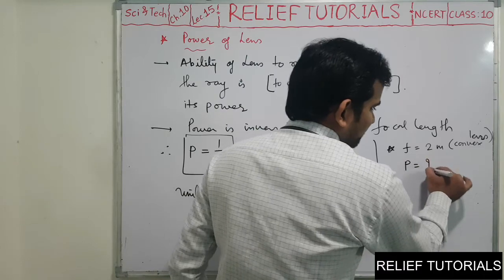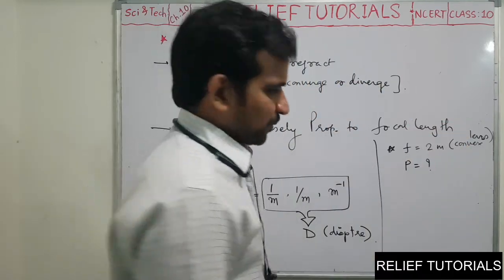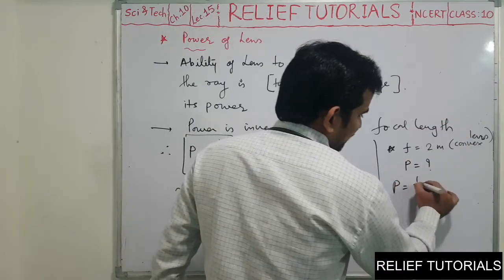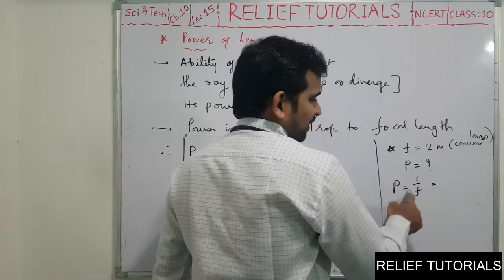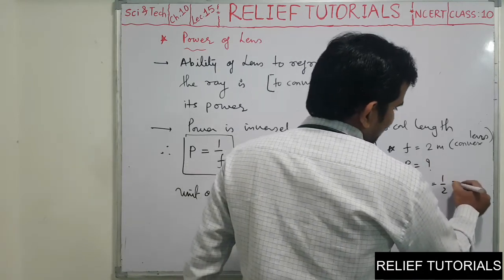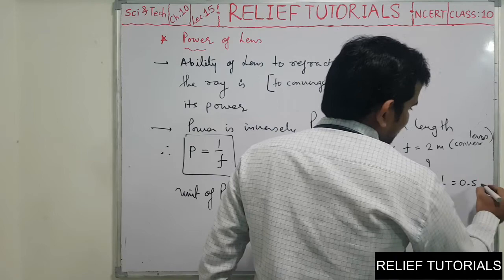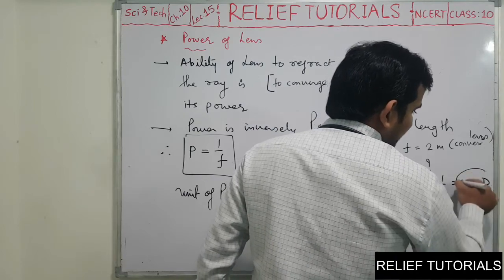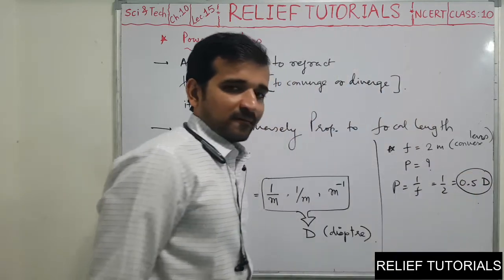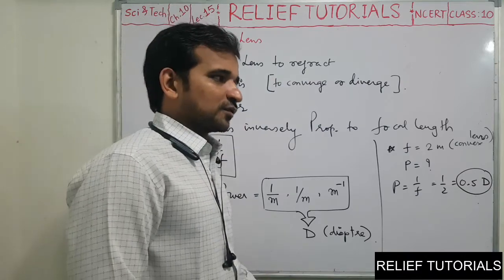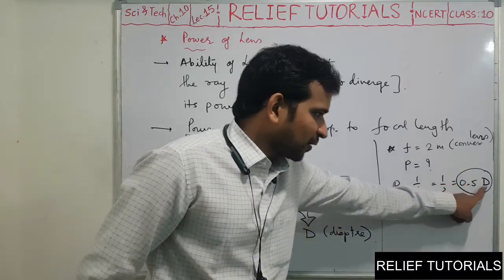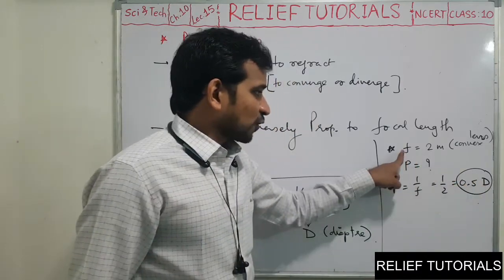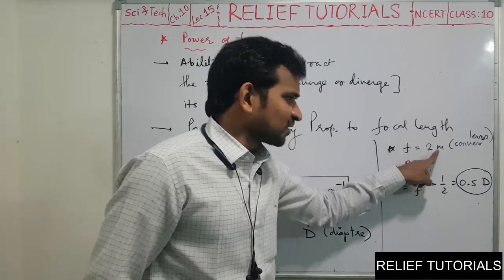The question is to find the power of this lens. Simple. P has the formula 1 by F. 1 by F means 1 by 2, and 1 by 2 means 0.5. What 0.5? 0.5 diopter. The answer of power must be in terms of diopter, and for that your focal length should always be in terms of meter.